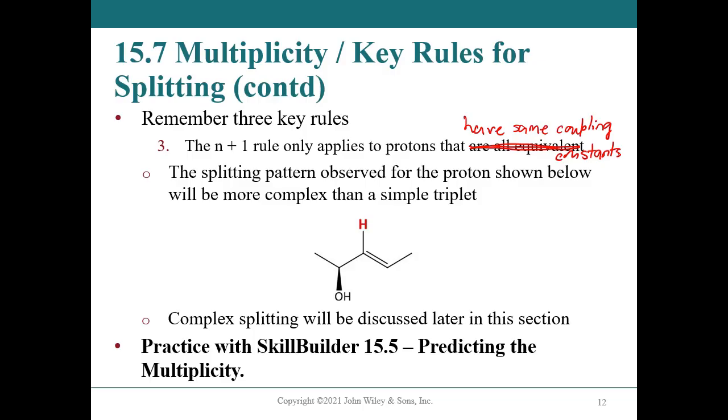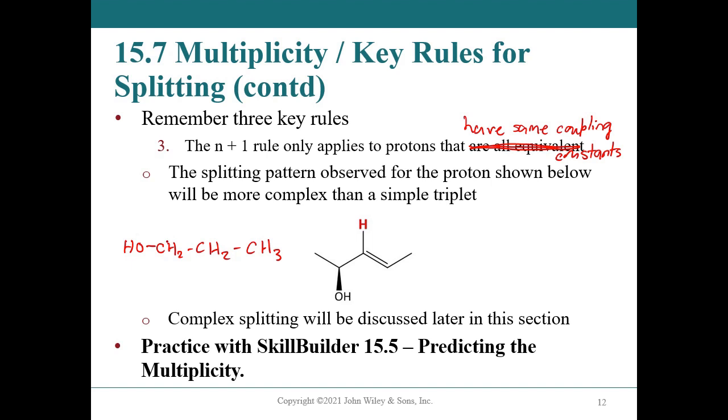But if you have very different systems like that, we can get different splitting, and we don't get the nice patterns that we're looking at, and we don't see the n+1 rule. But generally, if you have floppy chains, so if we look at something like propanol, and this would apply to a longer chain as well, but I'm just going to keep this one short for now.